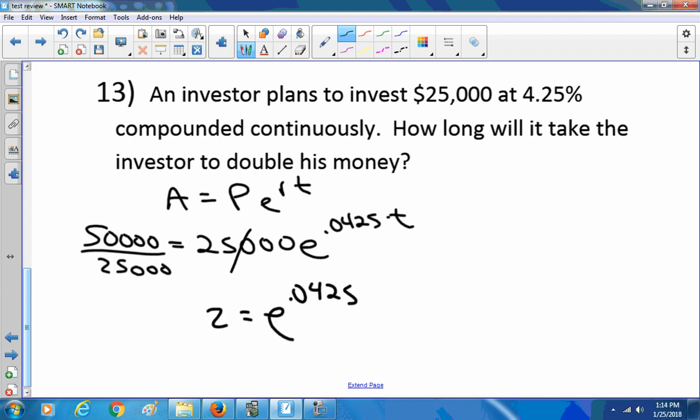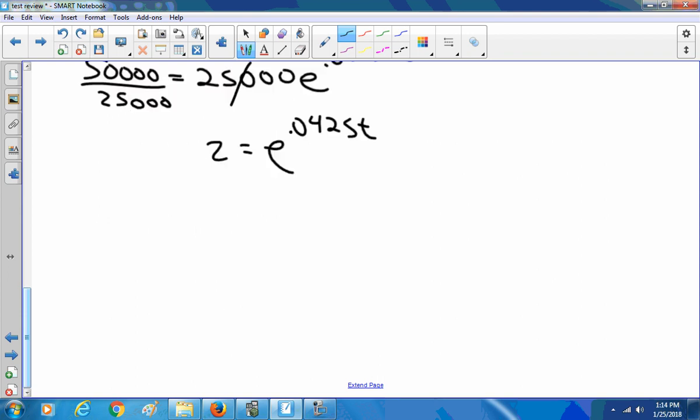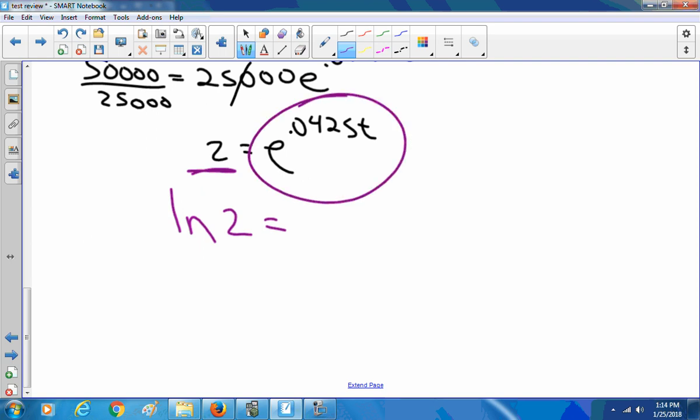I want to use natural logs. The natural log of this side just becomes the natural log of 2. We had a lot of talks about what the natural log does to that side. The first thing it does is it brings down the 0.0425t, and then we remember that the e kind of goes away, because this would say natural log of e, but the natural log of e is 1, and 1 times anything is itself.